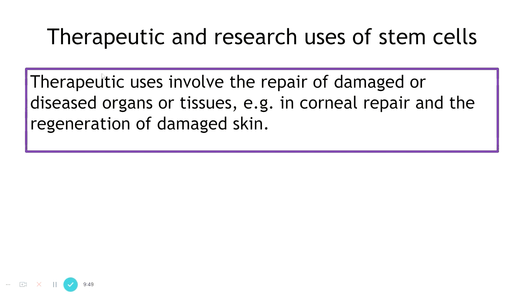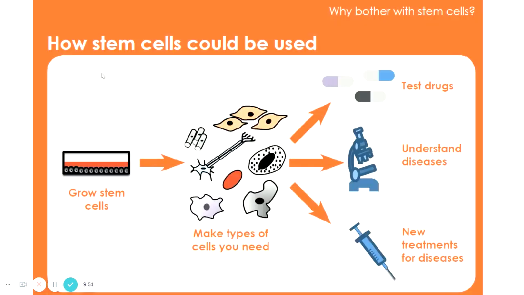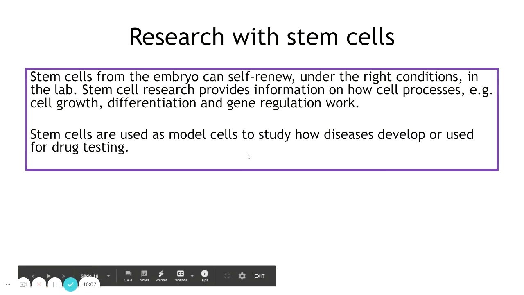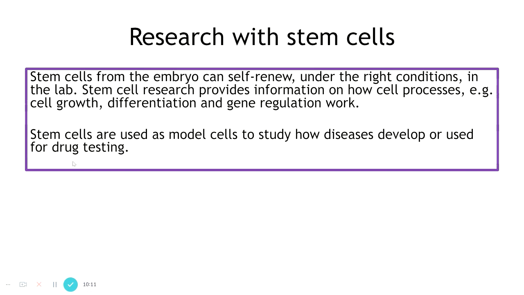We want to have a bit more of a specific example. In terms of research use, there are numerous things that researchers might use stem cells for. We could use them to test drugs. We could use them to understand disease development a bit more, or learn how to come up with new treatments for disease. So we can use them as model cells to discover how diseases develop, or for drug testing.